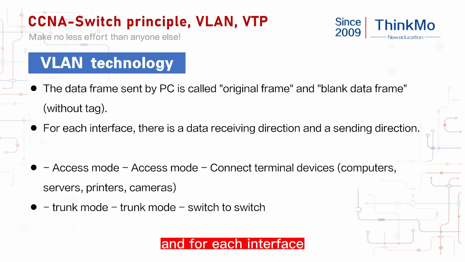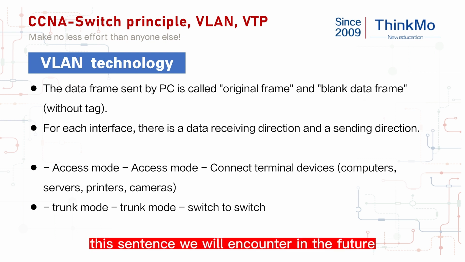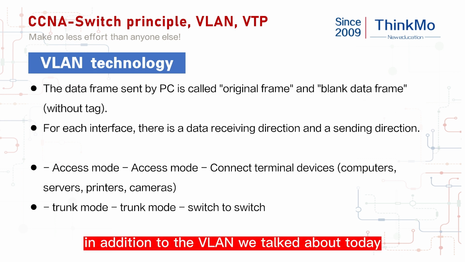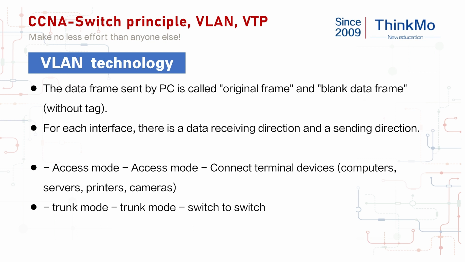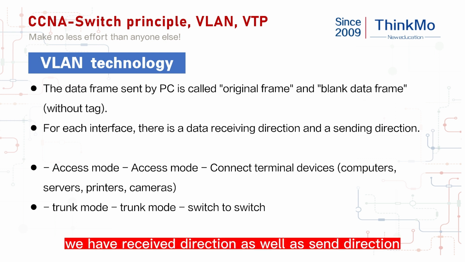And for each interface, there are both directions: a data receiving direction and a sending direction. We will encounter this in the future in the study. We are in the NA stage. In addition to the VLAN we talked about today, when it comes to ACL in the future, there will be the same thing: we have the receive direction as well as the send direction.